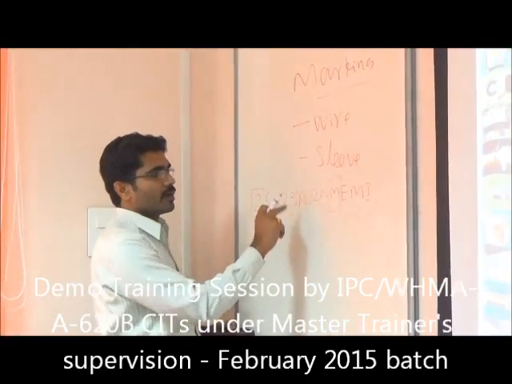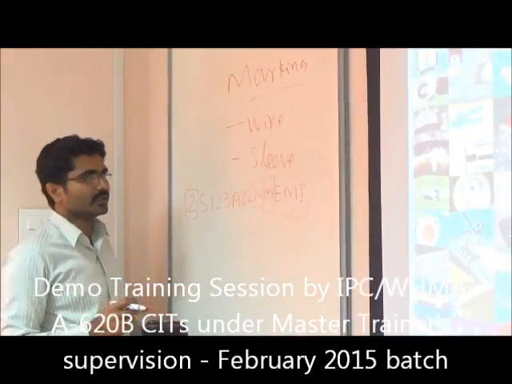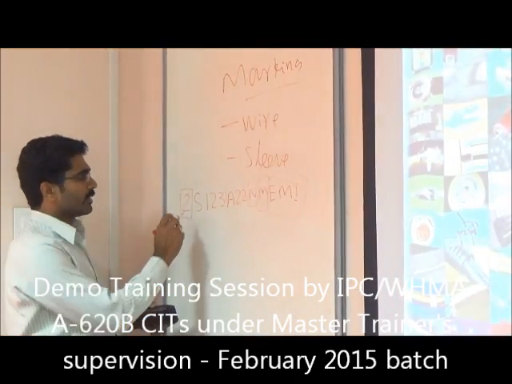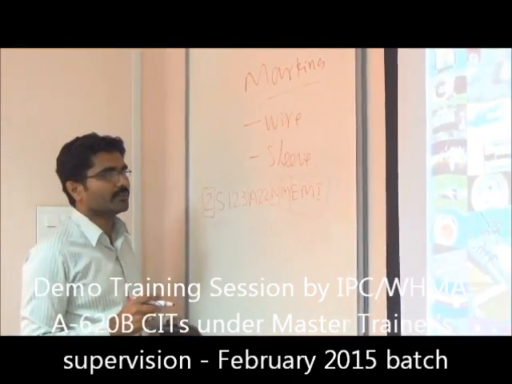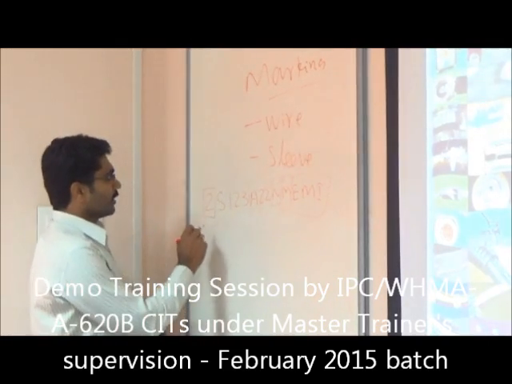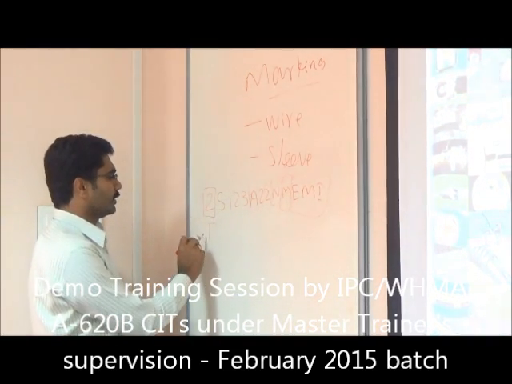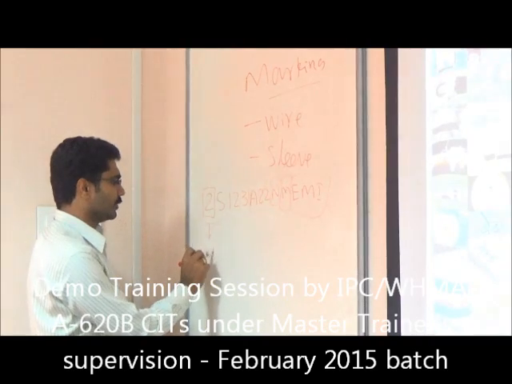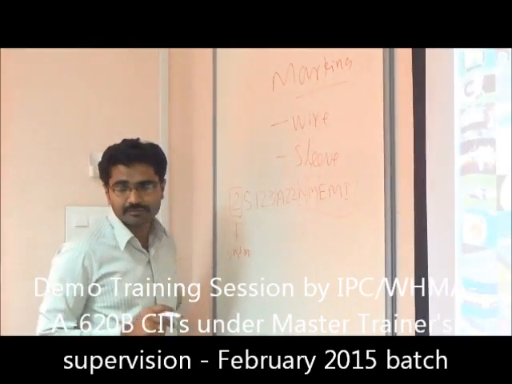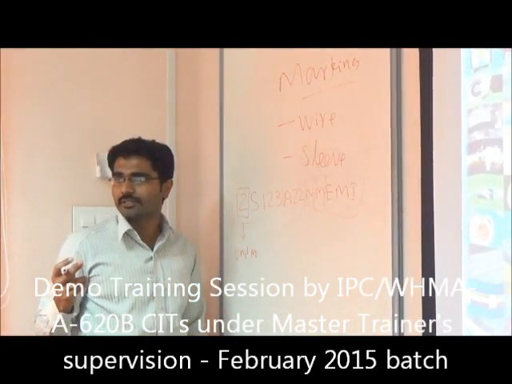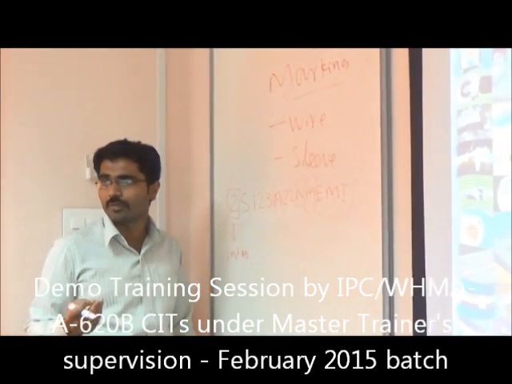Whatever I have boxed is required for all the wire bundles. First we have the unit number. If you see the aircraft, you have multiple units like ADF, automatic direction finder.